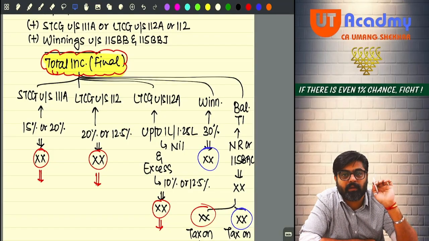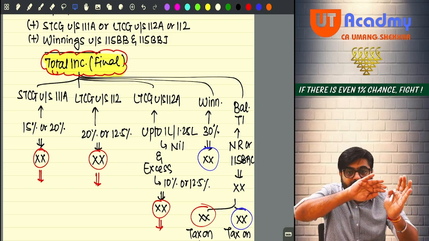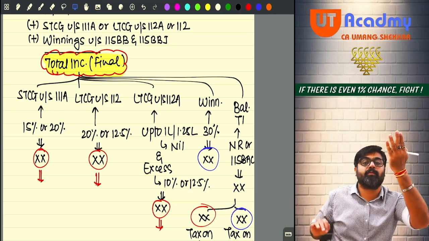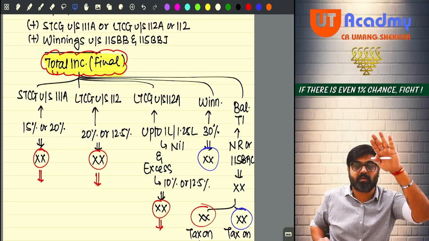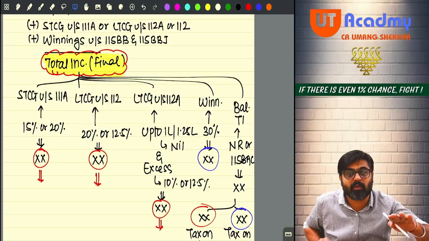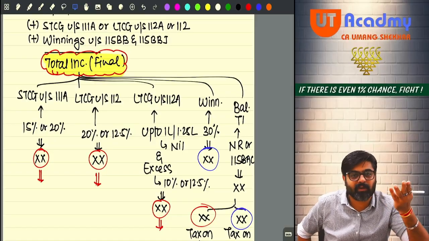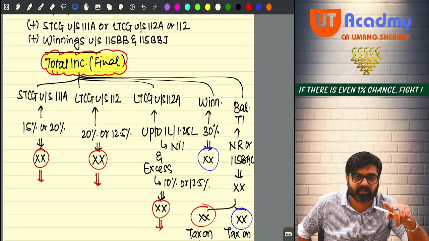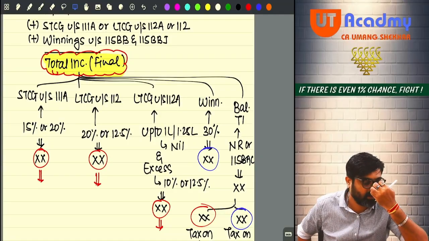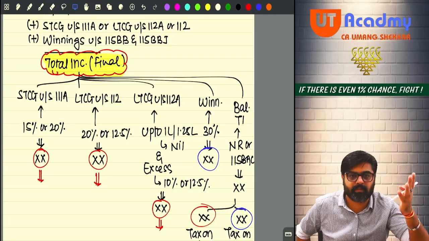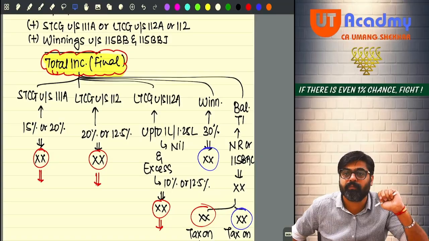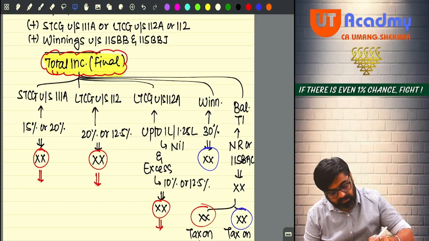Got it? But remember, if after excluding these incomes your total income comes down below 2 crores or below 5 crores, then you cannot apply 25% on those taxes. On those taxes you are supposed to apply 15% or 25%, as the case may be. So this was written here.